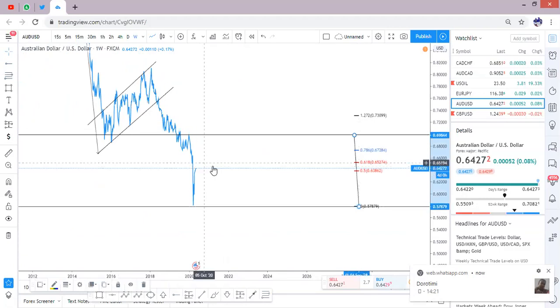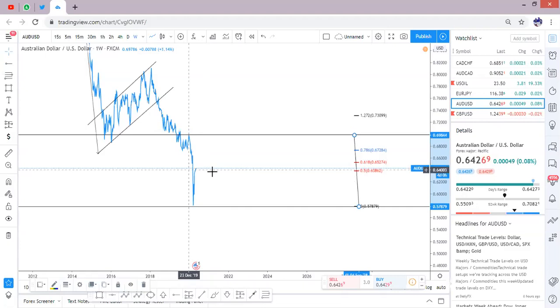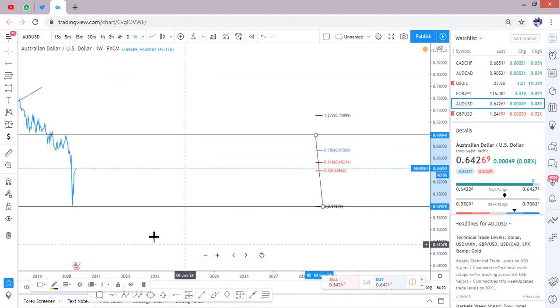Price is currently at 0.5 and it's rejecting already. You can see the bend. It means the pullback is completed. It's currently bending.